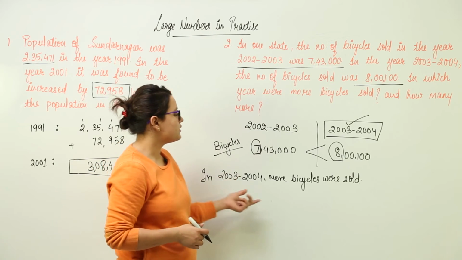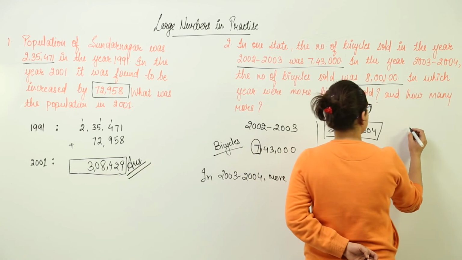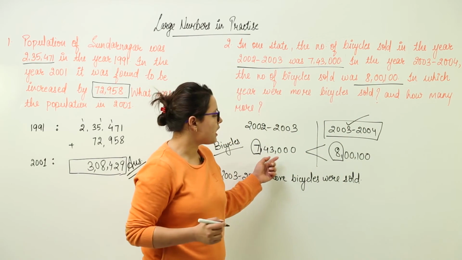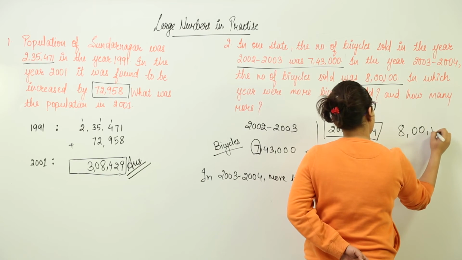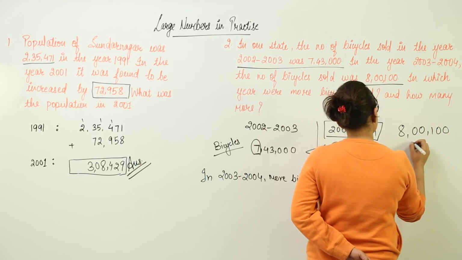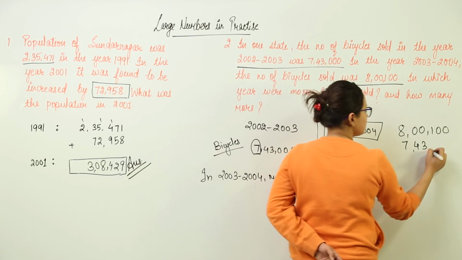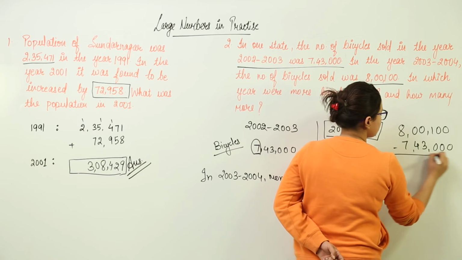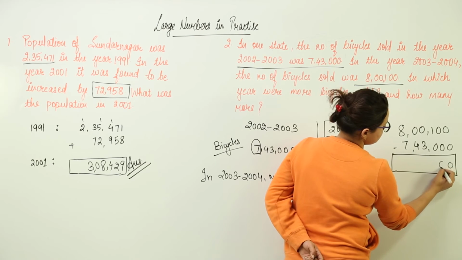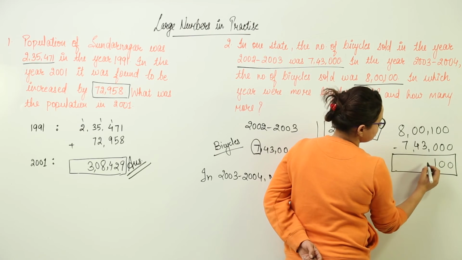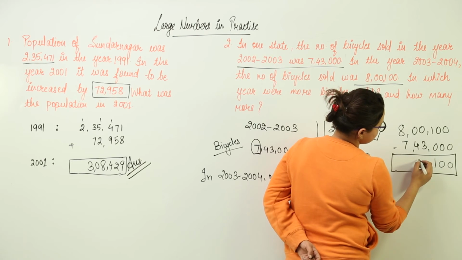For this we are going to subtract this from this value. On the subtraction you will be able to find out how many more. So we will write over here 800,100 minus 7,43,000, which is going to give us the value as, here we get 0, 0, 1, here we get 7, and here we get 5.